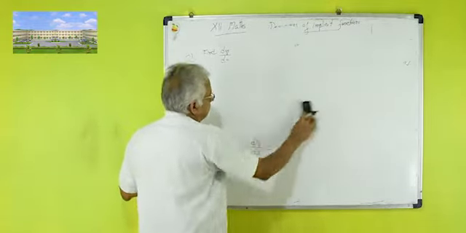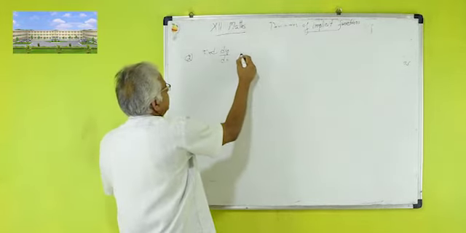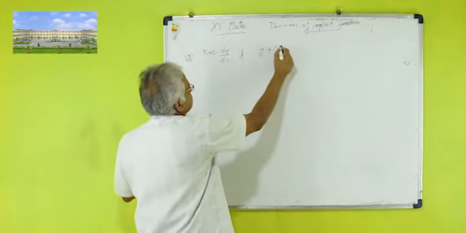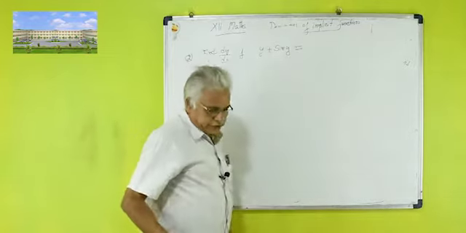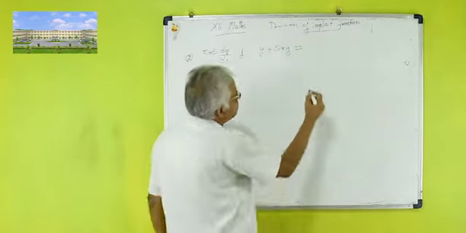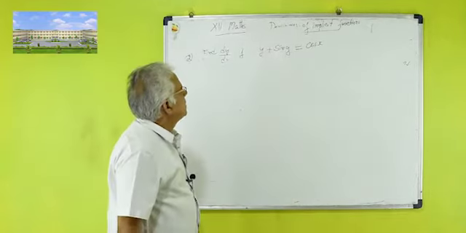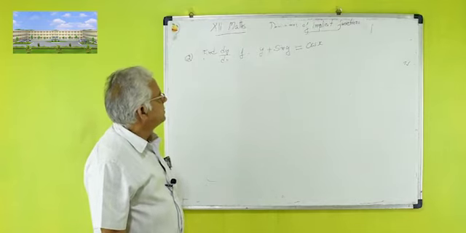Second question: find dy by dx if y plus sin y is equal to cos x. y plus sin y is equal to cos x.